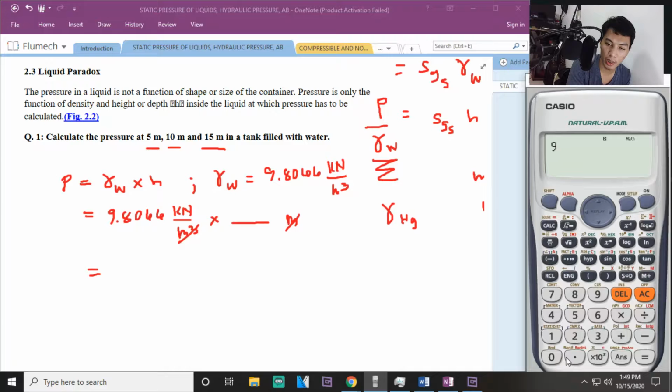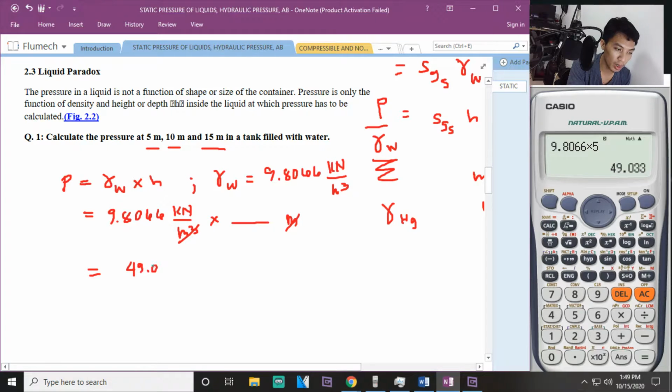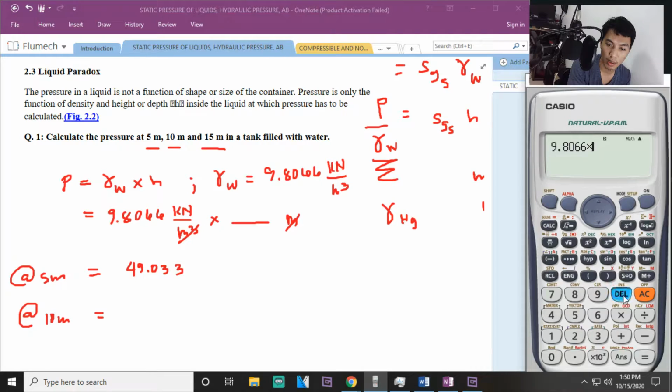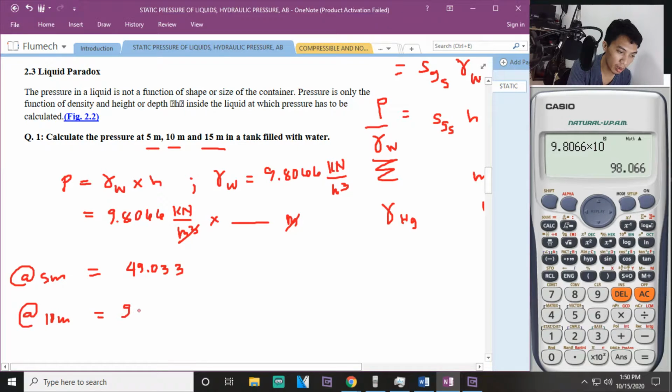So, 9.8066 times 5, that is in kPa na. Kilonewton per meter squared is in kPa. That is 49.033 at 5 meters. E di at 10 meters, that is times 10, that is 98.066.